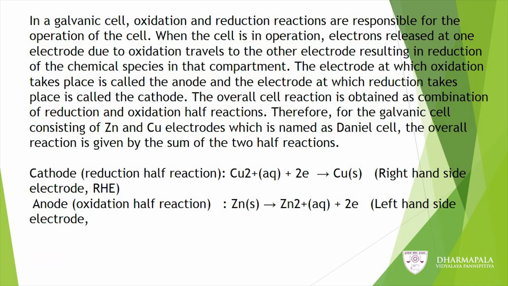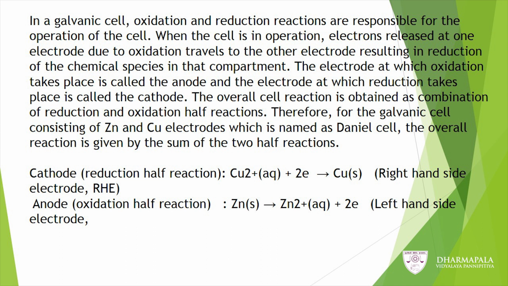In a galvanic cell, oxidation and reduction reactions are responsible for the operation of the cell. When the cell is in operation, electrons released at one electrode due to oxidation travel to the other electrode, resulting in reduction. The electrode at which oxidation takes place is called the anode, and the electrode at which reduction takes place is called the cathode.